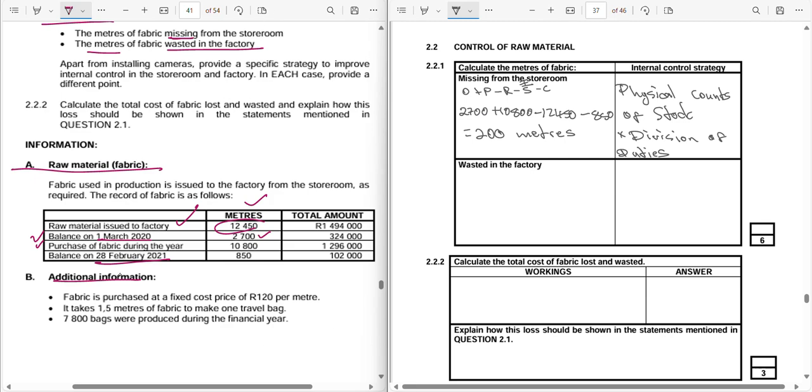I know that for wastage, I have to take raw material issued, which is the amount given here of 12,450. I'll take that amount, 12,450. I will say minus units sold and produced. The units produced are given here, 7,800. I will say minus 7,800.